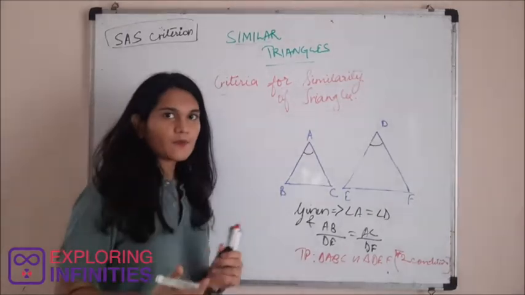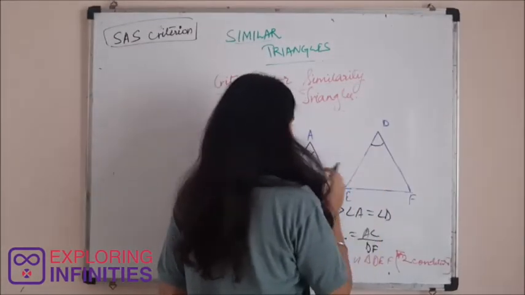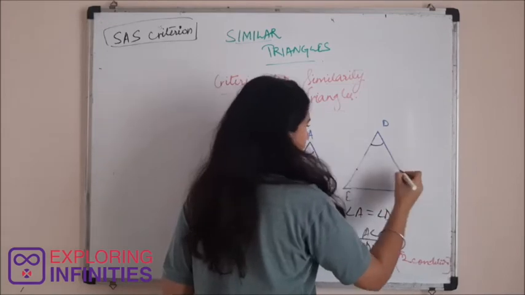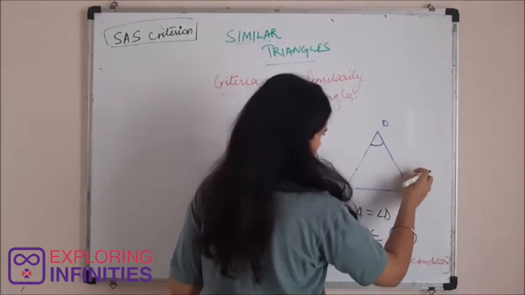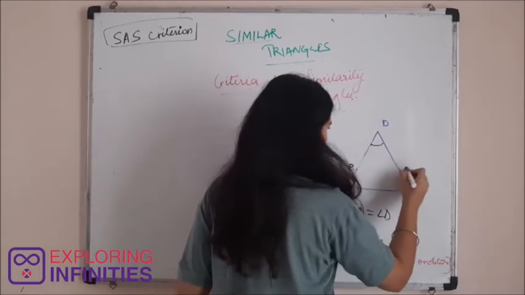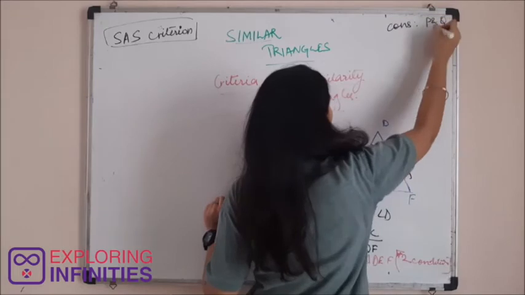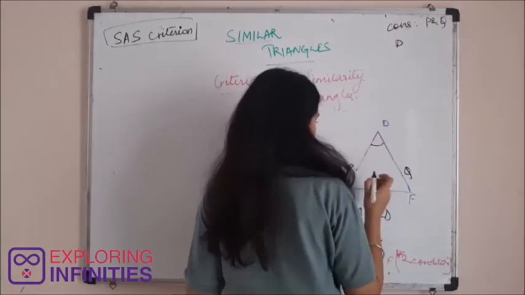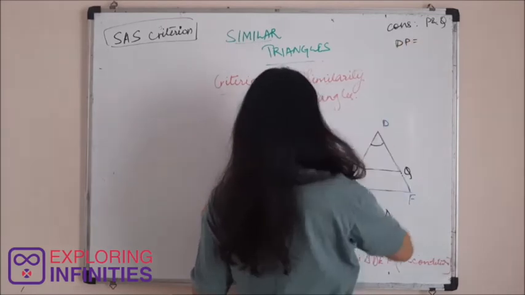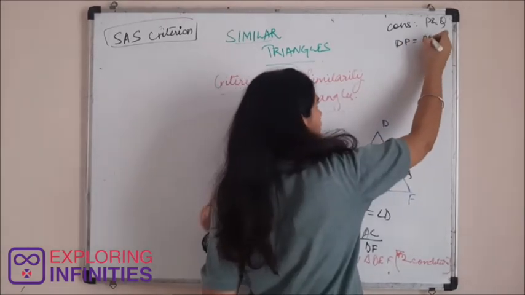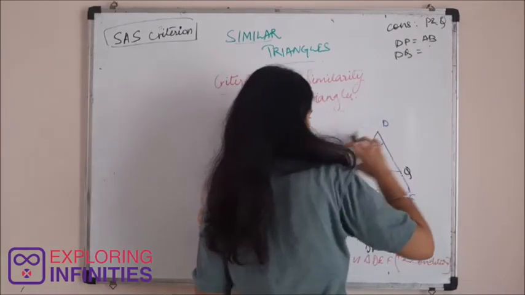In the same fashion, just like we did to prove the last two theorems, we will locate two points P and Q on DE and DF in such a way that DP equals AB and DQ equals AC.